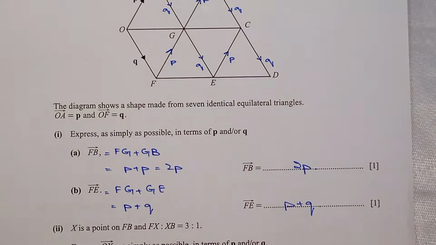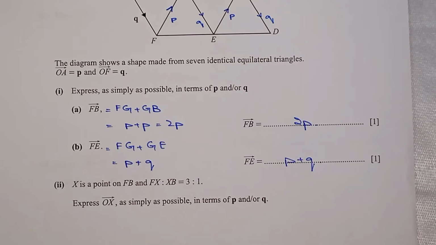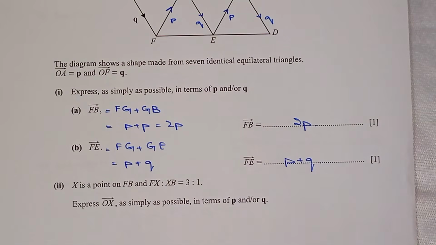Okay, now for the second part, X is a point on FB and FX ratio XB is 3:1. Express OX as simply as possible in terms of P and or Q. So first we need to find where X is on FB.